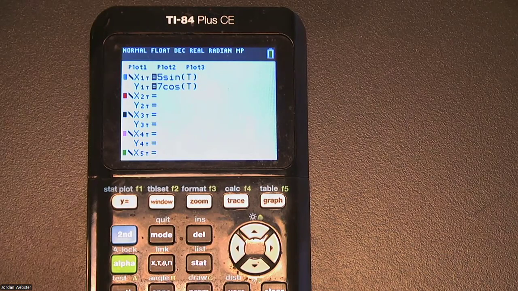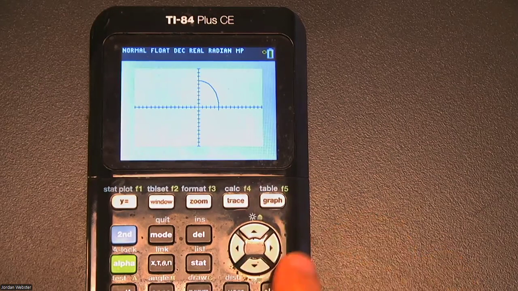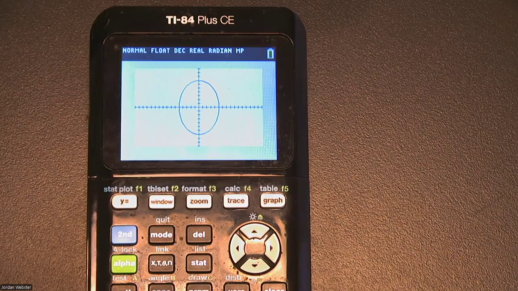So 5 times the sine of t is my x value. This is also going to give me an elliptical shape. Now this one we saw being graphed too, if you're quick enough watching it.